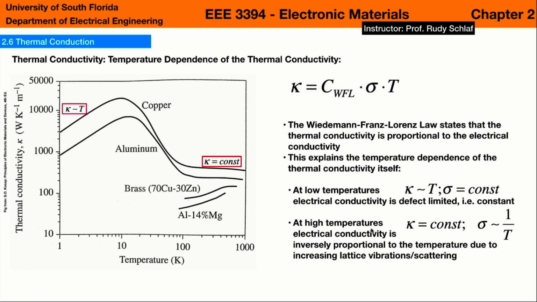We saw in these graphs where the resistivity was plotted against the temperature that the resistivity went up linearly with the temperature. So since conductivity is just 1 divided by the resistivity, we have a 1 over T proportionality. So that divides out with the T that's in the Wiedemann-Franz-Lorentz law, and so the thermal conductivity is constant.